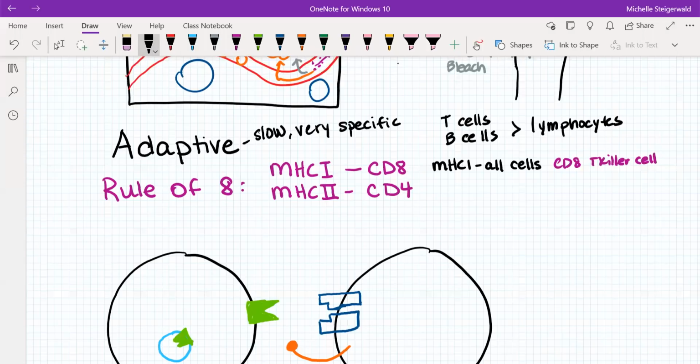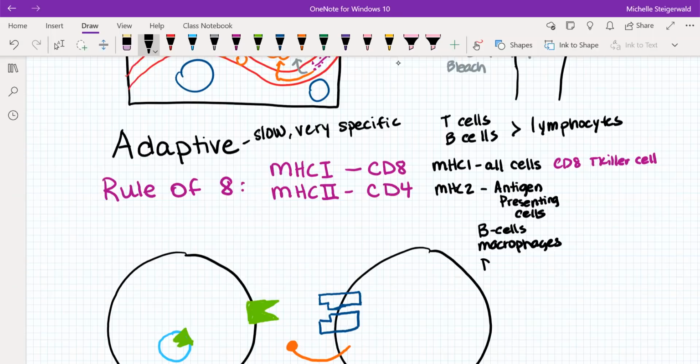That means your MHC2 is specifically on antigen presenting cells, professional immune cells. That's things like your B cells, macrophages, and dendritic cells. We don't actually talk about them in here, but they're really important.